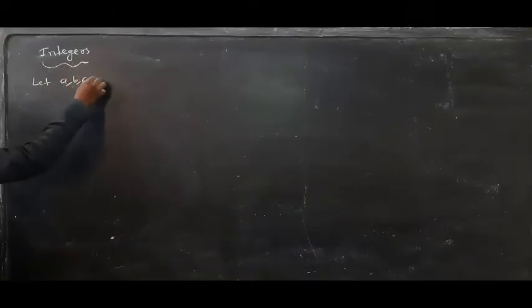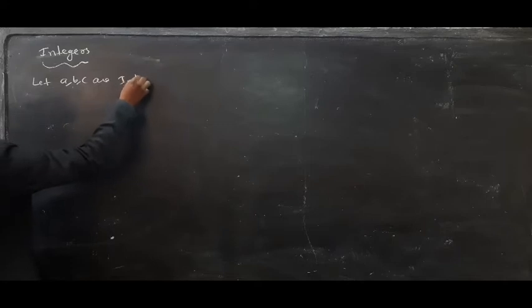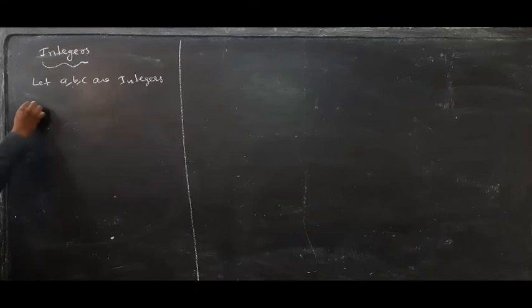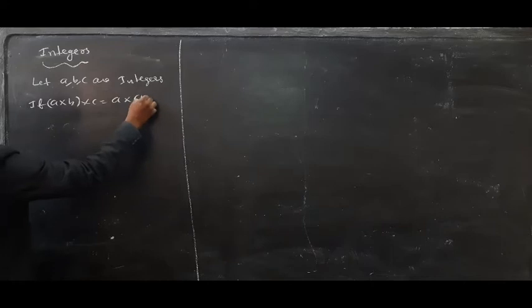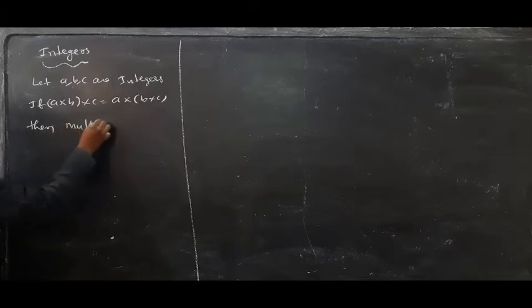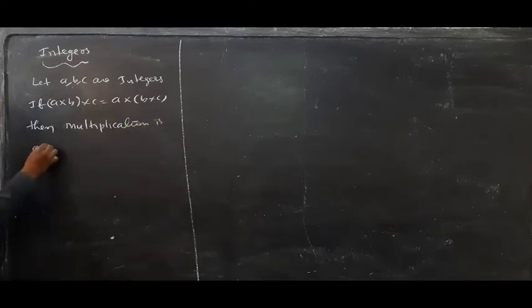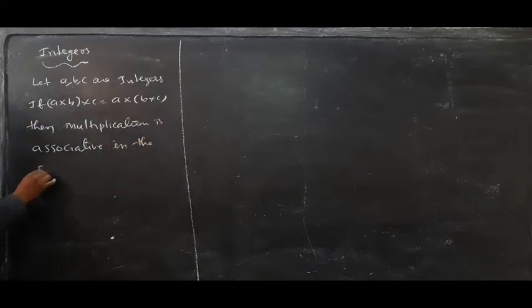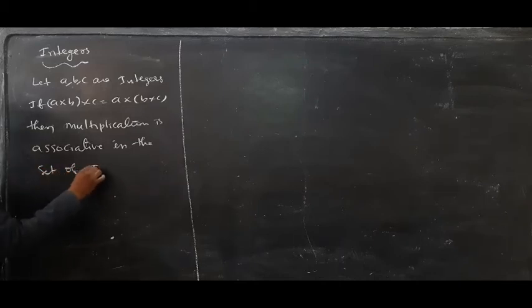Let a, b, c be integers. If (a × b) × c is equal to a × (b × c), then multiplication is associative in the set of integers.